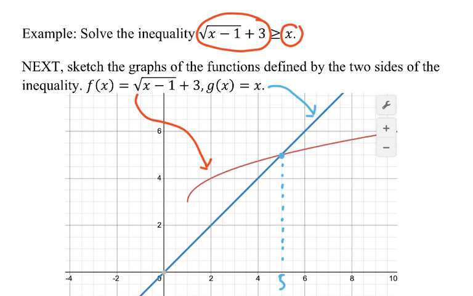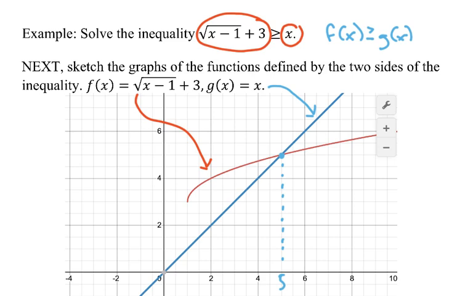Now, why is that important? If we think about the inequality, and we think about f of x and g of x, which I'm just going to write here, the left side is f of x, the right side is g of x. Remembering that values of f of x are y values, and also values of g of x, what that inequality is really simply saying is, what are the values of x where the function defined by f is greater than or equal to, which would mean, graphically speaking, above the graph of g of x.